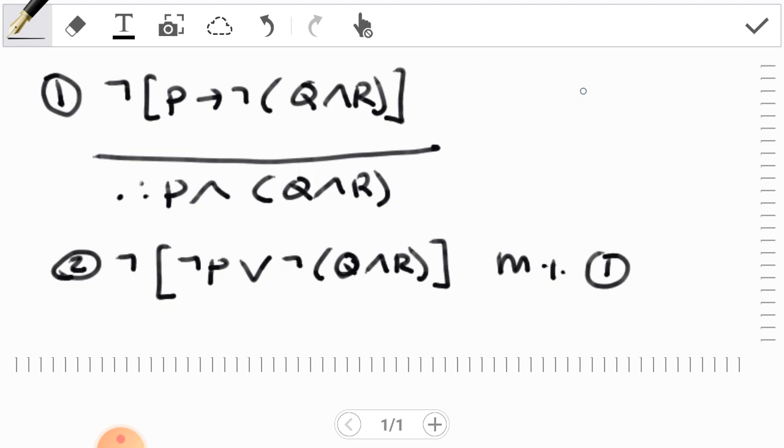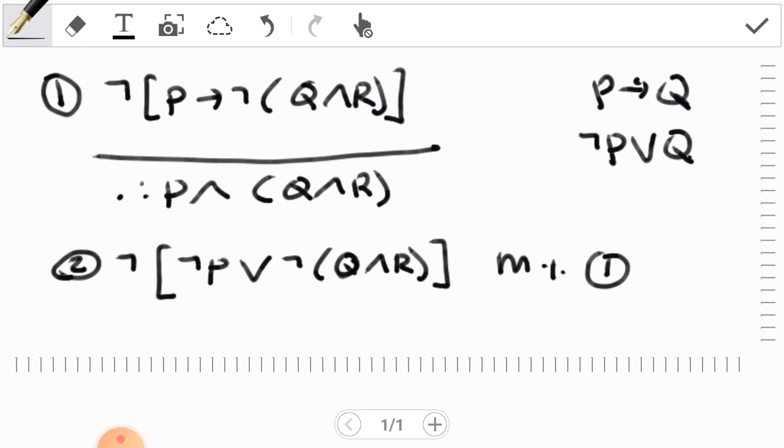Again, what's the material implication formula? If we are given P implies Q, this is equivalent to not P or Q. So you will find here that the if clause is negated, the then clause is just copied.